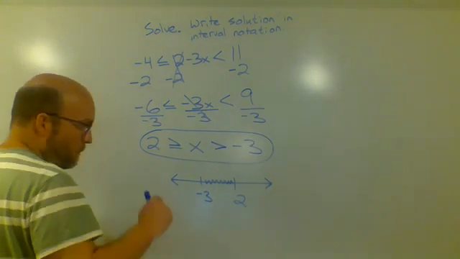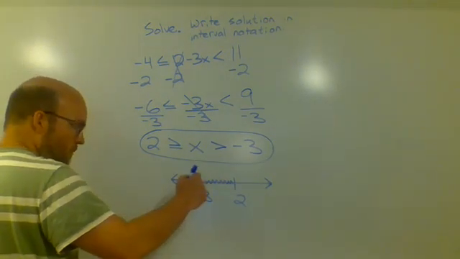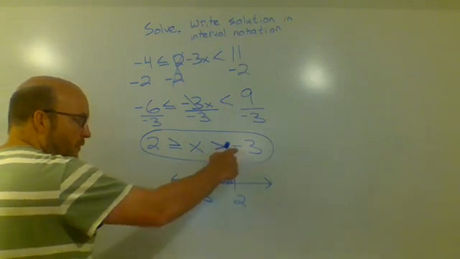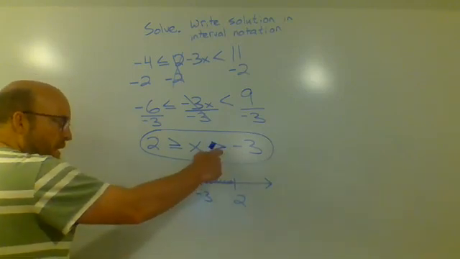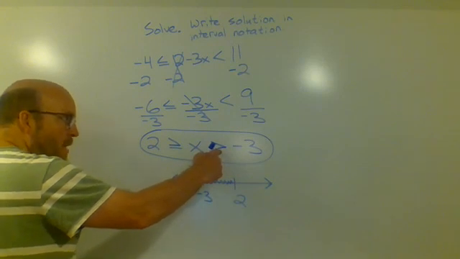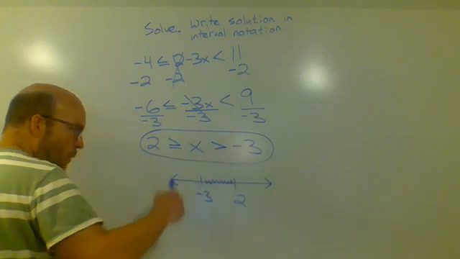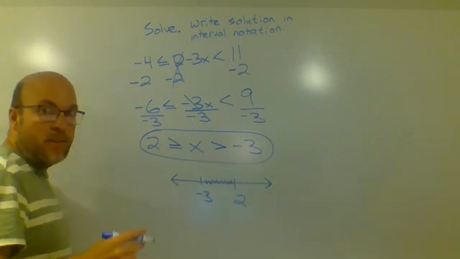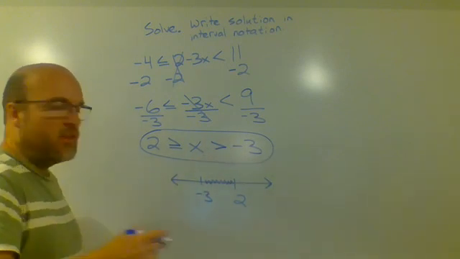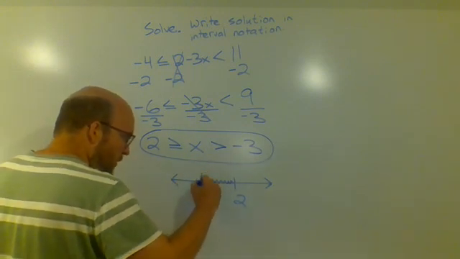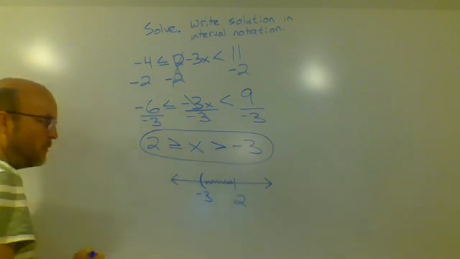And then finally, we have to put in whether the endpoints are being included or not. So when we're looking at the -3 first, we're looking at the inequality symbol and saying, well, hey, there's no or equal to. X is not allowed to be equal to -3, so we do not want to include that endpoint. Right? So some textbooks use open circles to show that it's not being included. Our textbook uses a parenthesis so that it lines up with your interval notation a little bit better.